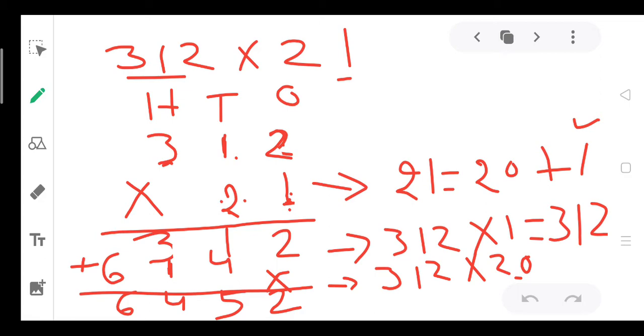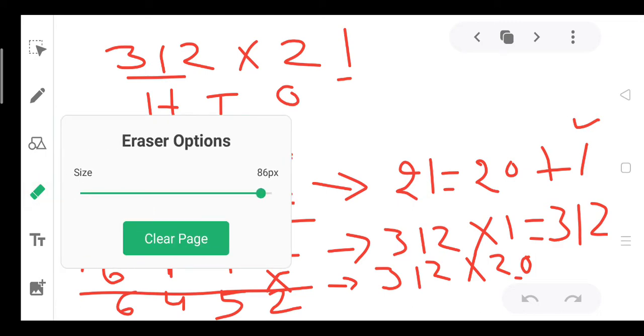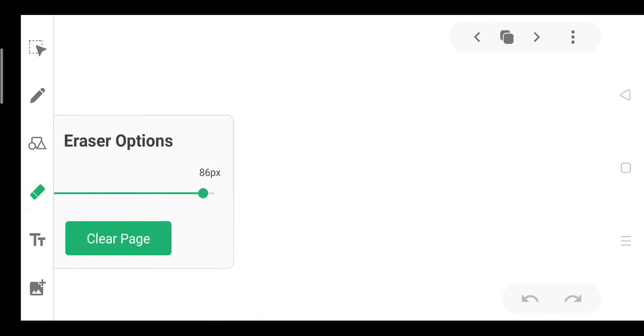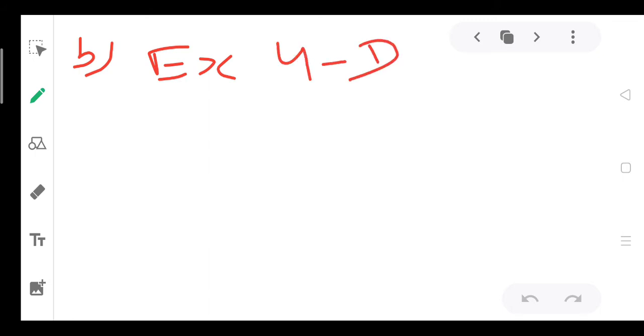Now next question, B part. Exercise 4D. We are doing exercise 4D and its question 1. B part I am explaining you.